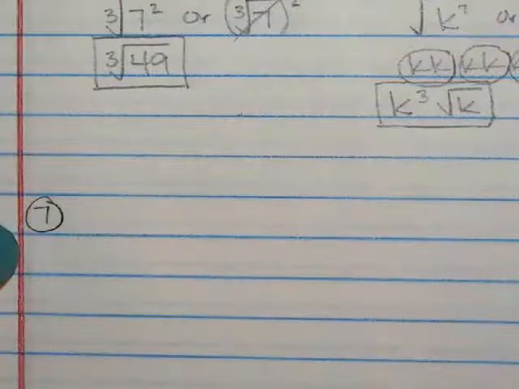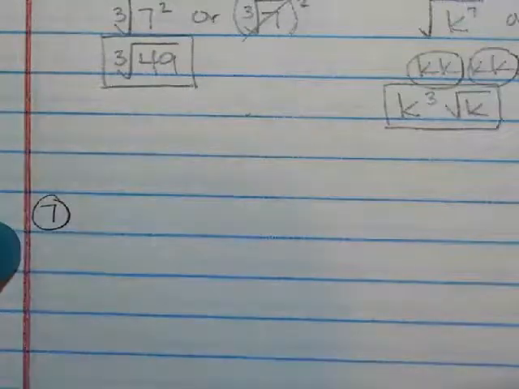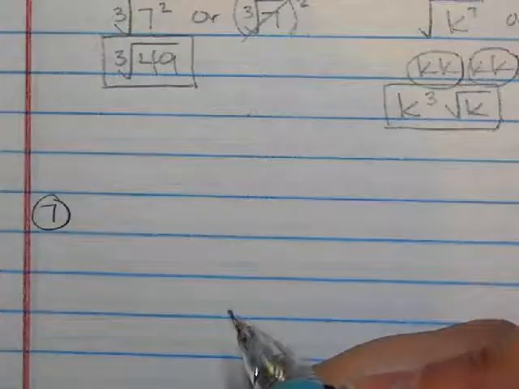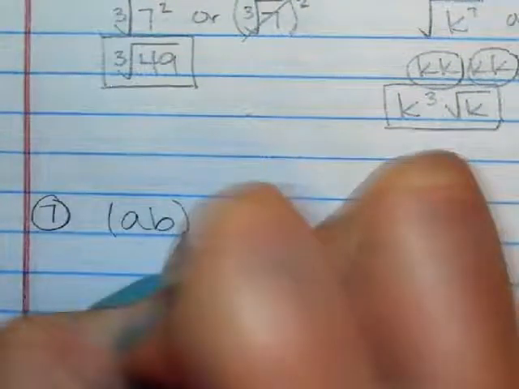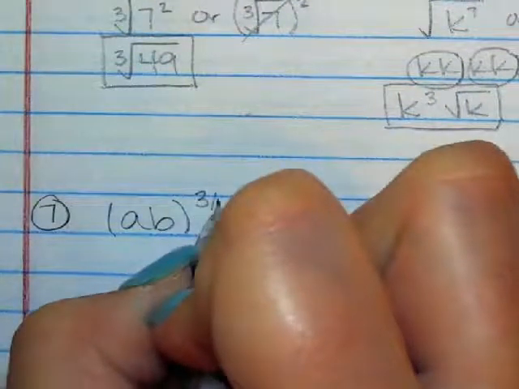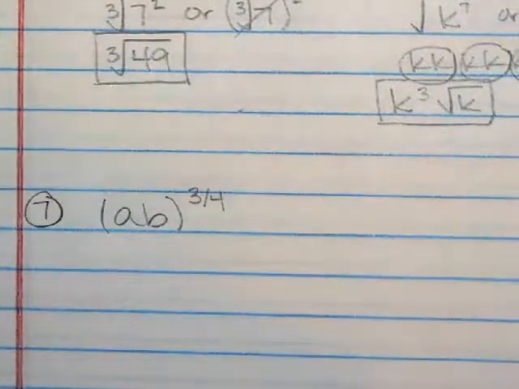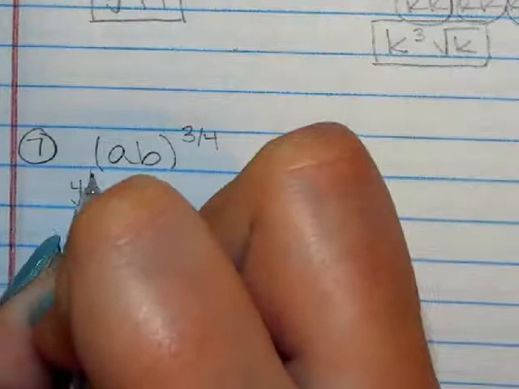All right. Number 7. AB to the 3/4. Fourth root, AB cubed.